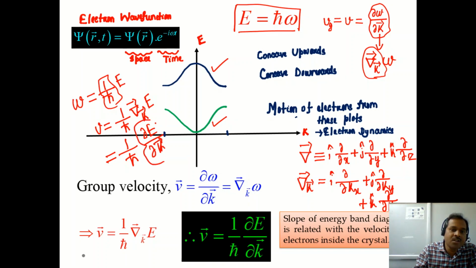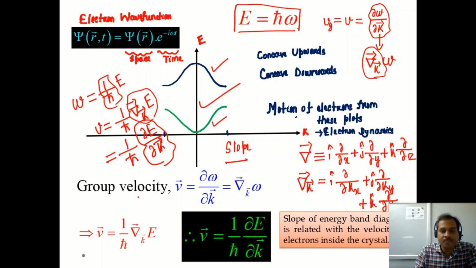And we know that this parameter represents the slope of the E versus k diagram. So we can conclude that the slope of the energy band diagram represents the velocity of the electrons inside the crystal.